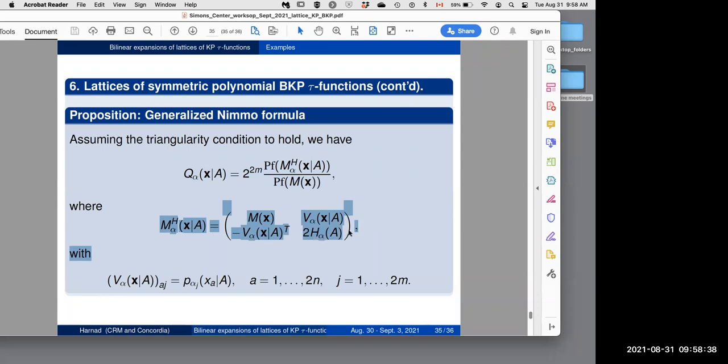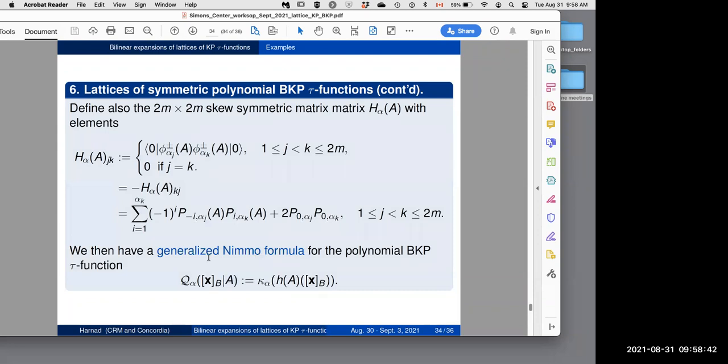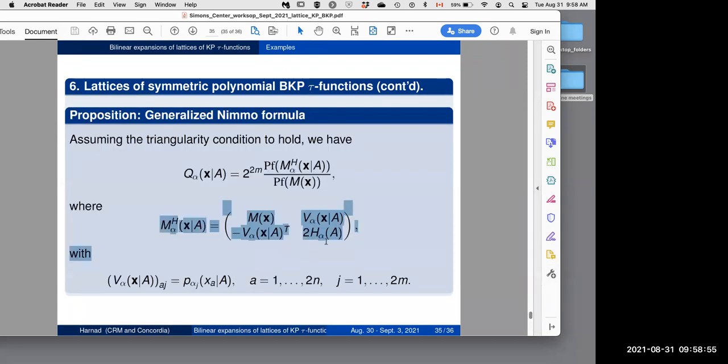The H's are constants which are obtained, I'm not going to go through the details, by vacuum expectation values of bilinear products of the neutral fermions evaluated at the value A. So there's a specific formula for all of these. And so this is the general representation of all polynomial BKP tau functions.